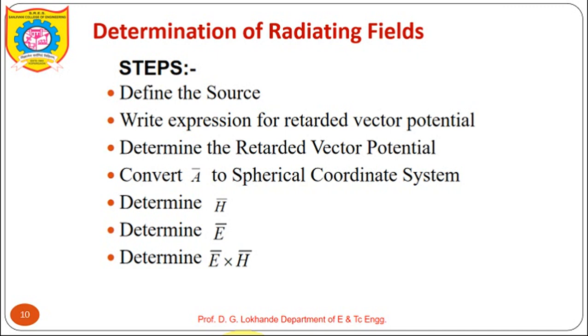Then determine H bar, then E bar, that is the magnetic field as well as the electric field, and then determine the E cross H component. This gives us how much power is radiated by the electric and magnetic fields. So these steps must be followed for each calculation.